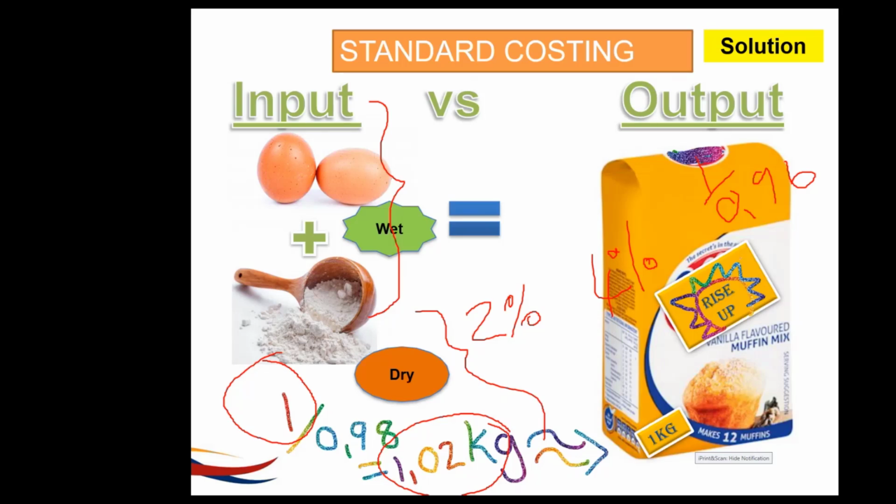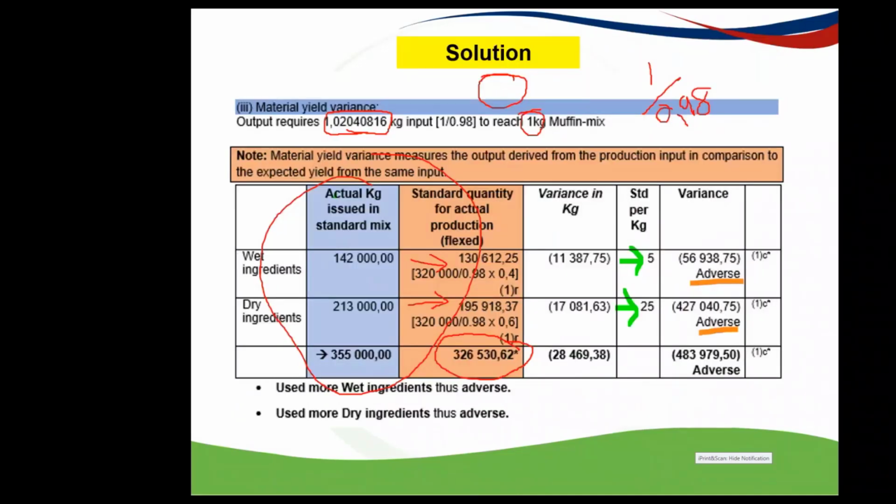Pardon me for that. Please go back to the slide about yield, ma'am. Yes. All right. So are we saying here that when we're looking at the yield, we're looking at the ingredients that we put in versus what we got out of it?